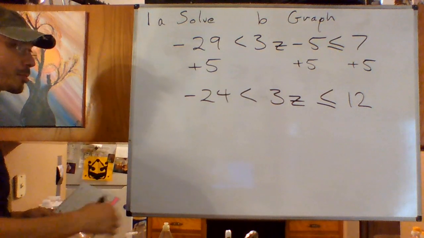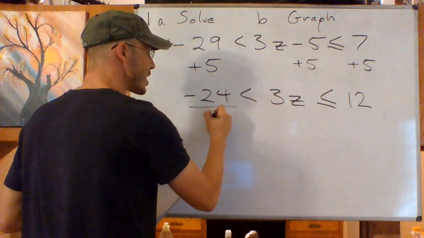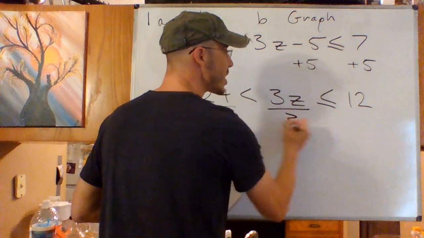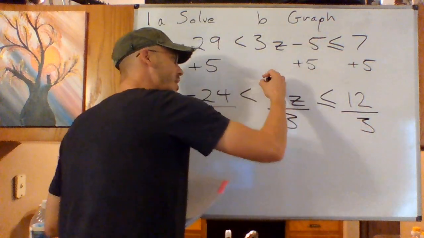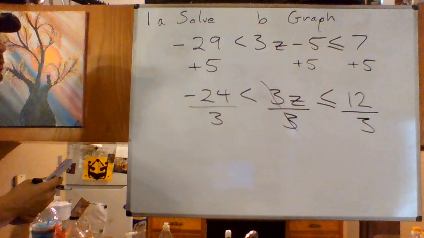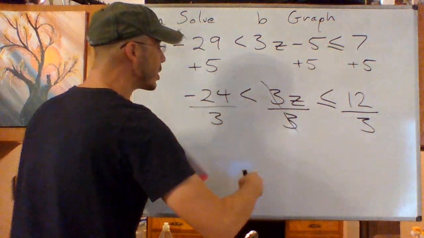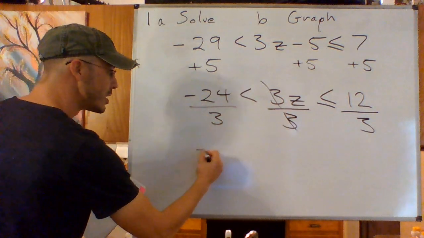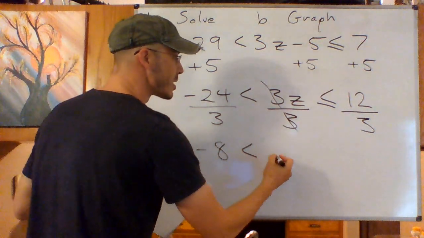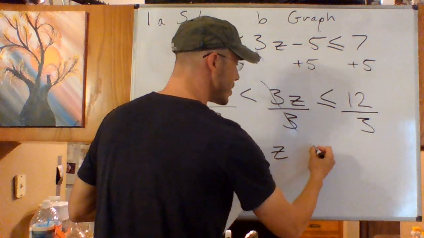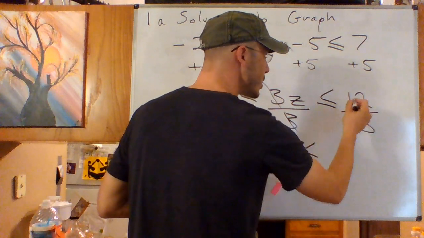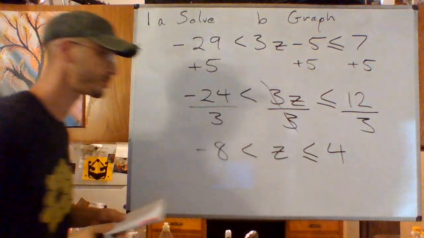Now the last step in solving this: I need to divide all 3 sides by 3. That cancels the 3 here, since I have a multiple of 3 and divide by 3 to get rid of it. I divide the other ones too, so I get -8 is less than z is less than or equal to 12 divided by 3, which is 4.